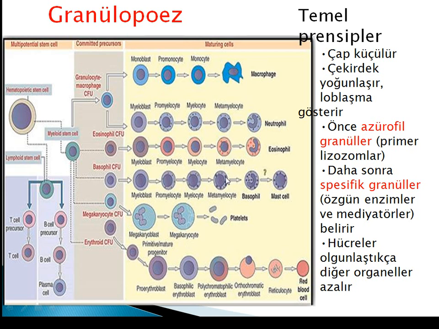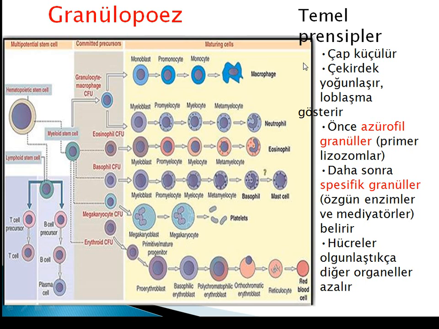First of all, the nucleus becomes like a narrow rod, and then they undergo segmentation. So finally we will have segmented nucleated cells, polymorphonucleated cells.